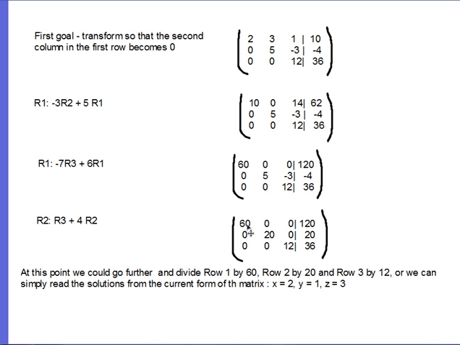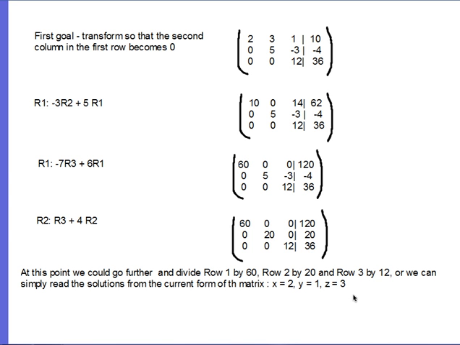I could go through and do some more transformations of rows by dividing the first row by 60, the second row by 20, and the third row by 12, or we can just read off the solutions looking at that. 60x equals 120, so x equals 2. 20y equals 20, so y equals 1. 12z equals 36, so z equals 3.